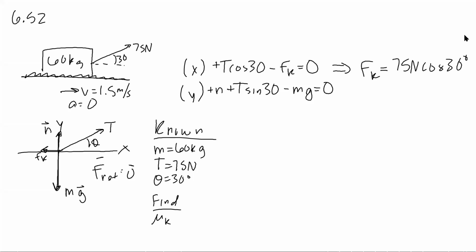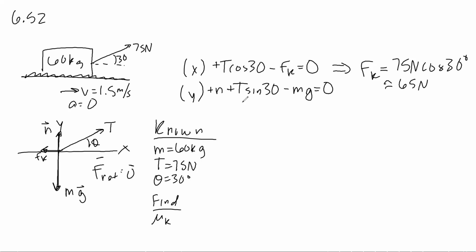Cosine of 30 degrees is radical 3 over 2, so it's 75 times 0.86, which is probably about 65 newtons or so. Let me check: 75 times 0.86 is about 65, so it's a little off from what I said.